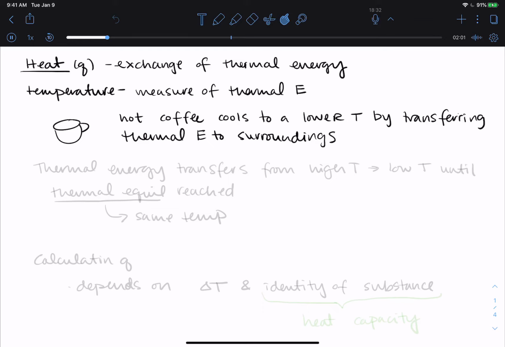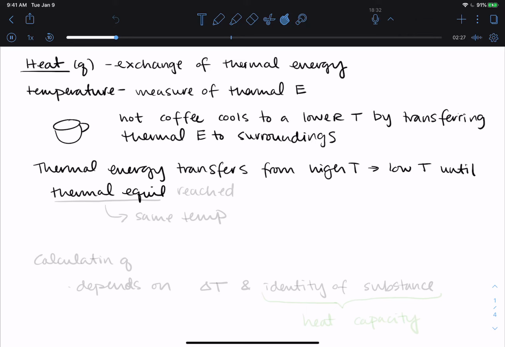So this thermal energy transfers from the thing that has a high temperature to the thing that has a low temperature until thermal equilibrium is reached.